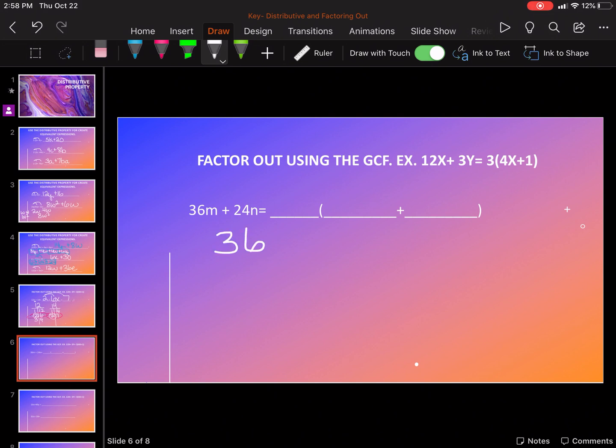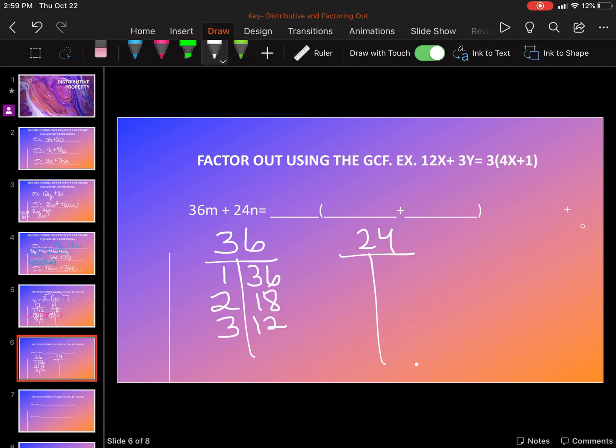Here we go, 36, 24, 1 and 36, 2 and 18, 3 and 12, 4 and 9, 6 and 6, 1 and 24, 2 and 12, 3 and 8, 4 and 6.